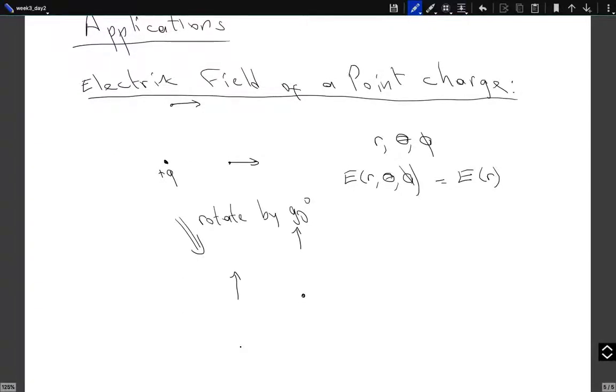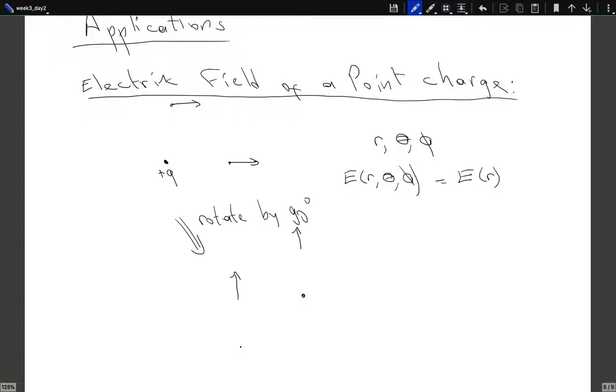You see, the universe doesn't really care how we stand and look at it. You can look at that charge distribution like this, or rotate your head by 90 degrees and look at the same system. Then you would say that the electric field of a point charge should be this one and this one. But that cannot be.